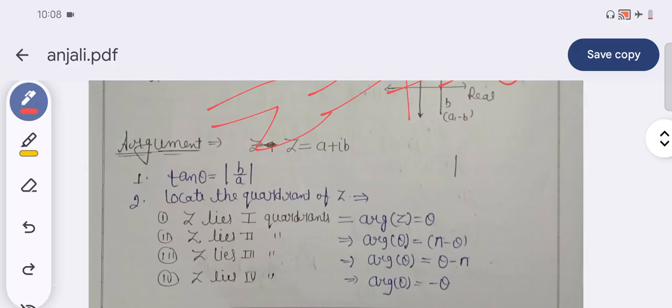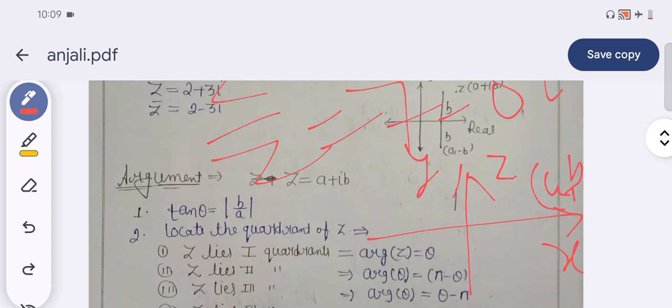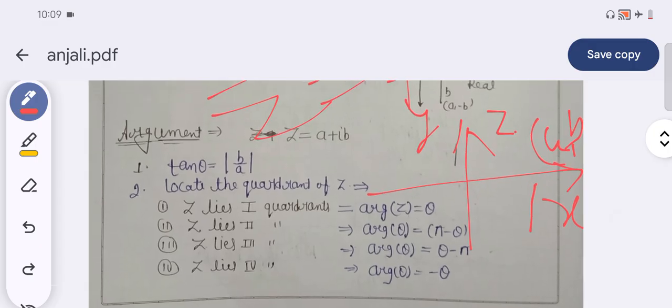Argument means the angle from the positive real axis to the line joining the origin to the point in the complex plane. Suppose you are given a plane, this is the real axis and this is the imaginary axis, and this point is z equal to a comma b. The argument is the angle made between the positive real axis and the line joining the point to the origin, 0 comma 0.